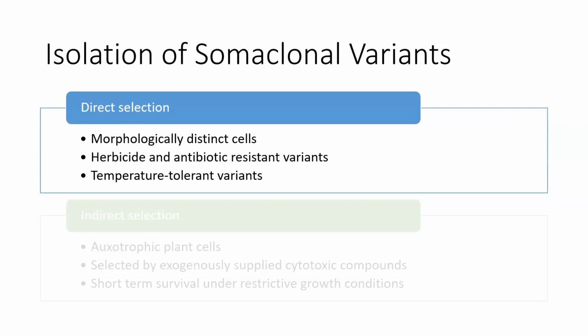This method can eliminate wild-type cells and allow herbicide or antibiotic-resistant variants to survive. Direct selection technique can also be used to isolate temperature-tolerant variants, because those cells which survive in an extended incubation period at abnormally high or low temperatures are temperature tolerant.